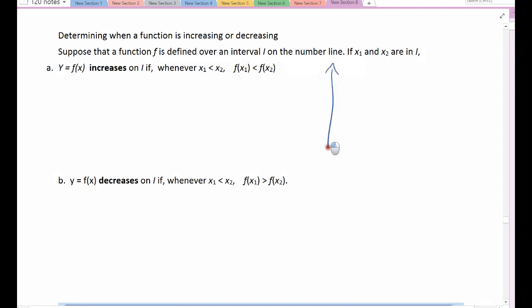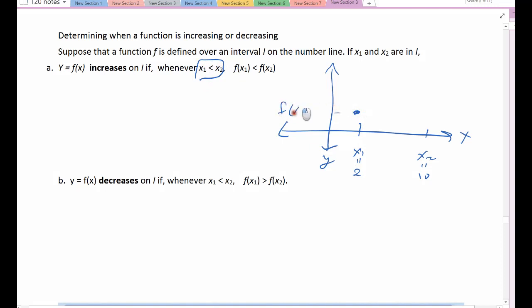The picture that goes along with this, the easiest way: I've got my x and my y. So x1 would be something like 2, x2 would be something like 10. x2 is bigger than x1. Then I plug x1 in, and that would give me out my function value, let's say 1.